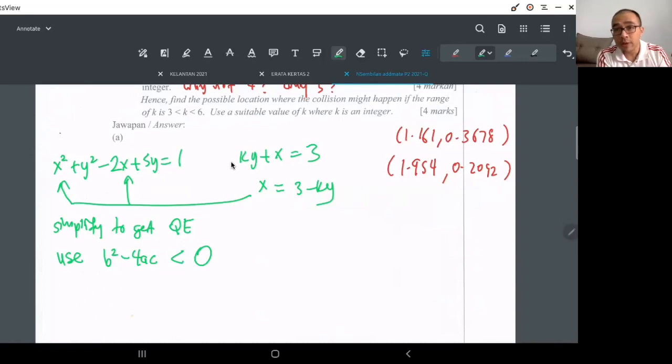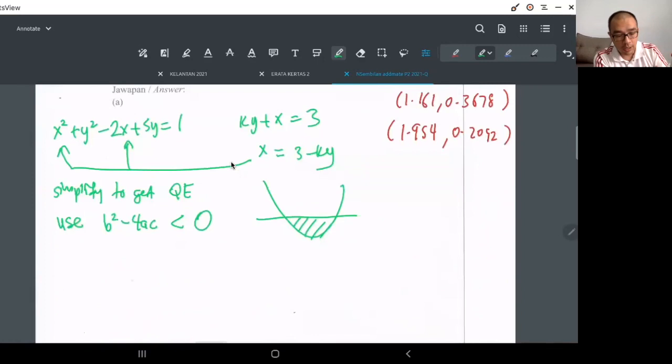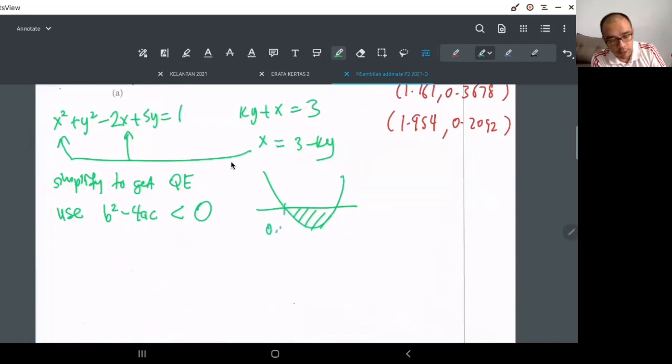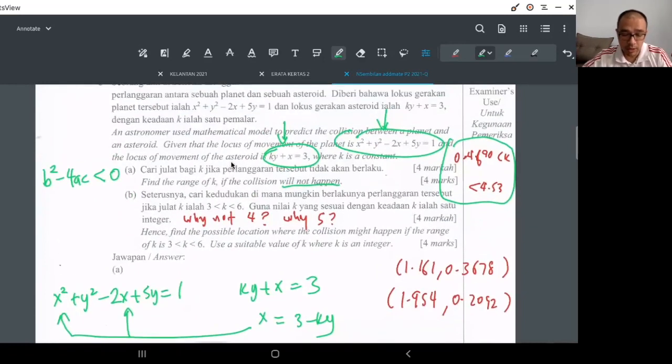Okay, and our answer is this one, 0.4690 is less than k is less than 4.53. So probably here is 0.4690, here is 4.53. This is what we expect to get as the final answer. Okay, this one is 4 marks. I think it's a bit more worth it.